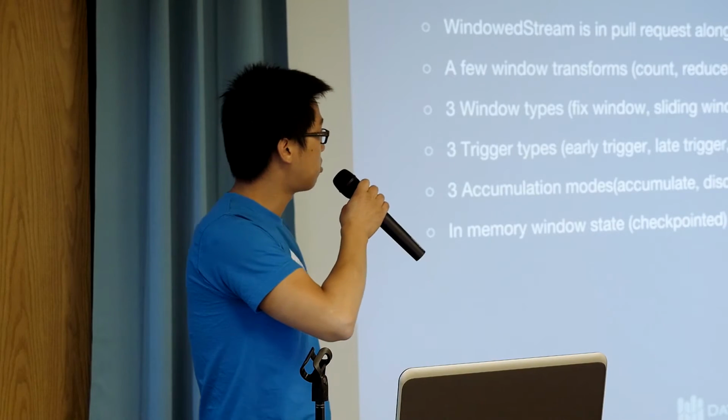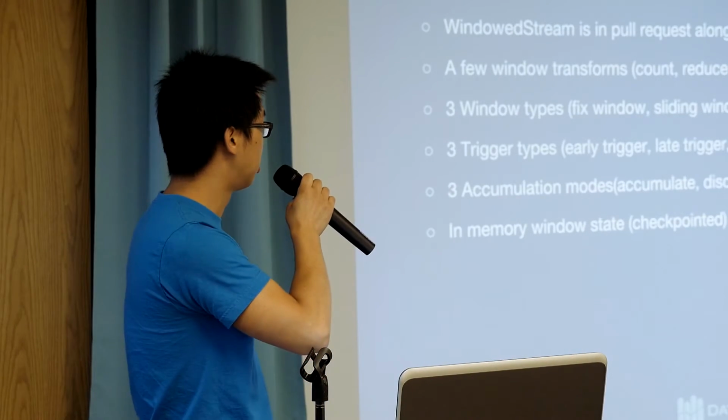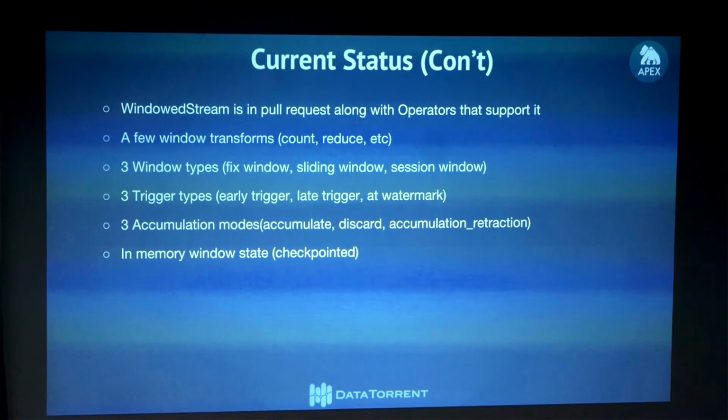And here's the current status for the Windows transform we have done right now. The WindowedStream interface and a default implementation are already in a pull request, along with the operators that deliver the windowing semantics. We have already done a few window transforms like count and reduce.